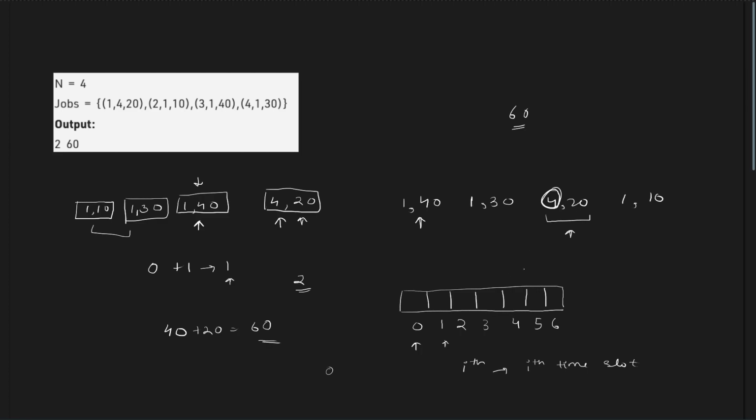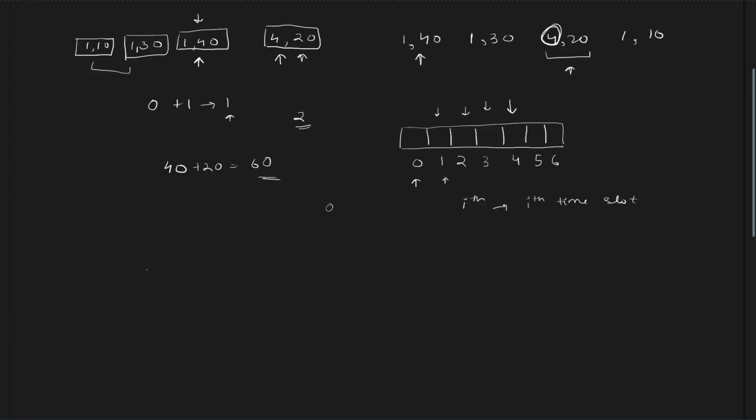Why? Because if the deadline is 4, I can easily complete it at the 4th index, right? And why am I doing it at the 4th index? Because there might be other jobs after it as well which have a deadline equal to 3 or 2 or 1, right? So I don't want to ruin their chances.